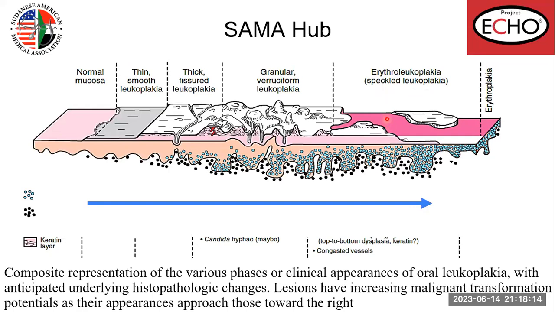It means it's a mix between white patches and red patches, because the epithelium has become very thin in some areas or disappeared altogether. This should urge you to investigate if there is any invasion, because speckled leukoplakia or erythroplakia and complete erythroplakia are very, very prone to become frank cancer.